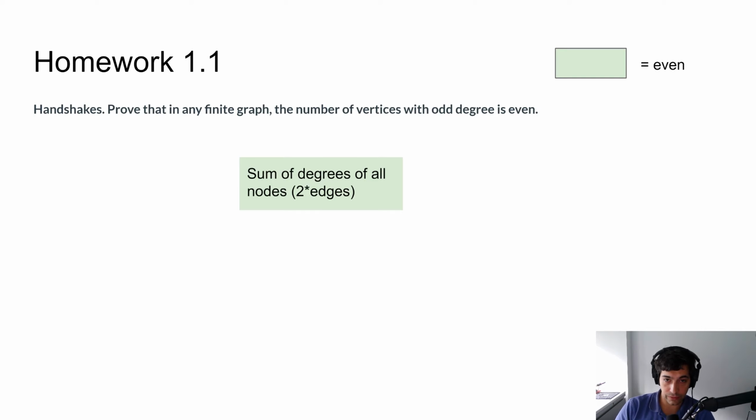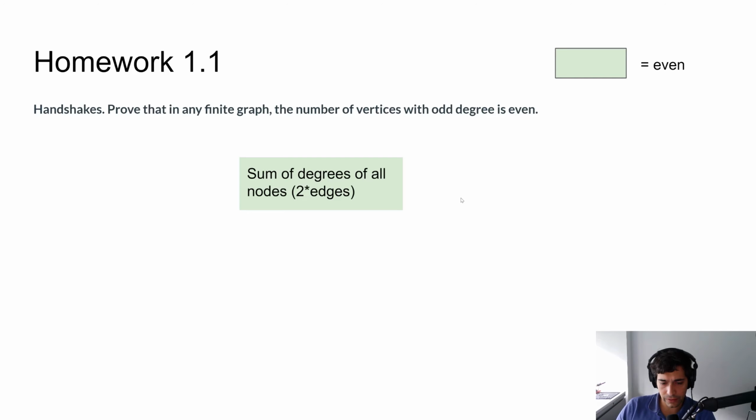It adds 1 degree to the first node and 1 degree to the ending node of our edge. And of course, 2 times any number is going to be even, and so the sum of degrees of all nodes is even. Okay, good. Now, with this, let's break this down.